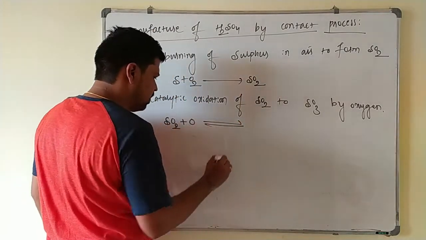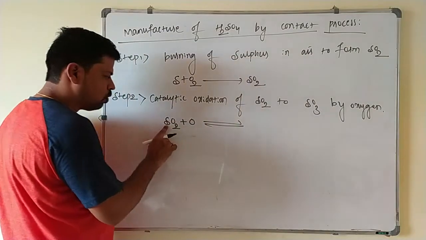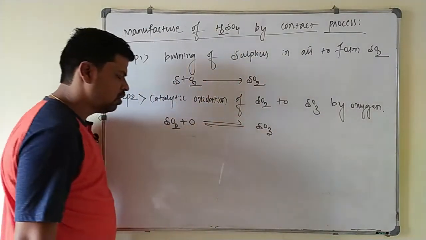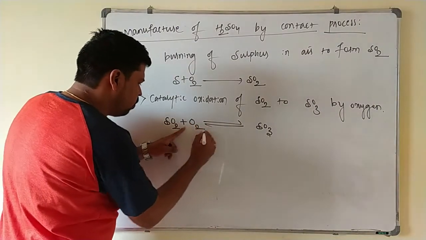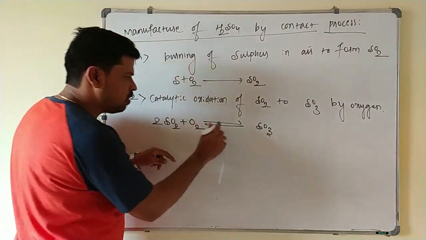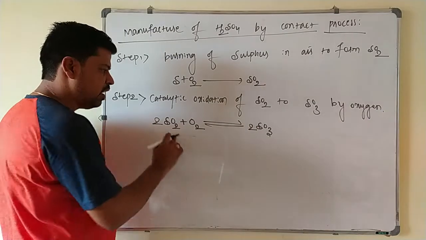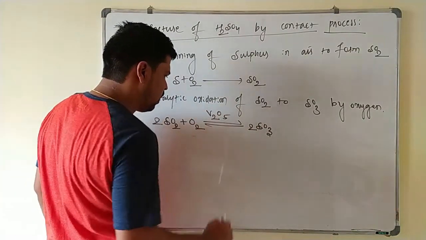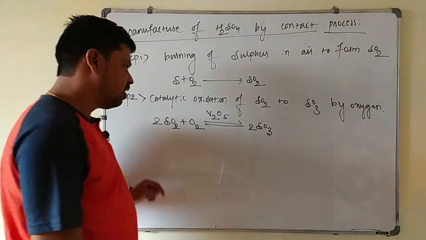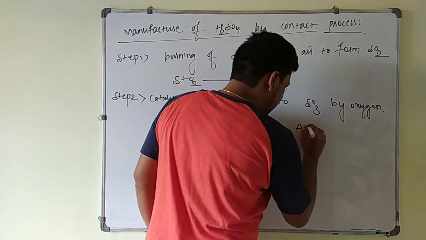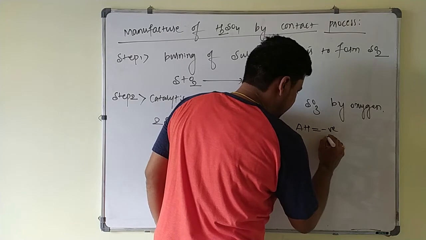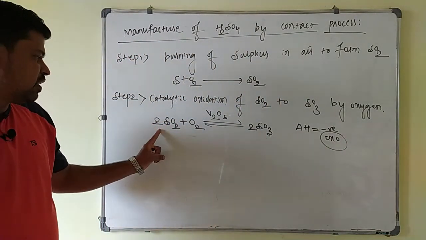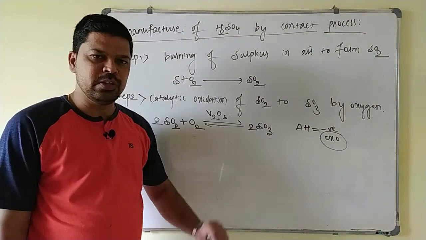So this is a reversible reaction, keep in mind. One SO2 combines with one oxygen to form one SO3 molecule. So we write O2 here: 2 SO2 combines with O2 to form 2 SO3, and this oxidation takes place in the presence of vanadium pentoxide as the catalyst. This reaction is exothermic in nature. This is the key step in the contact process, the oxidation of SO2 to SO3.